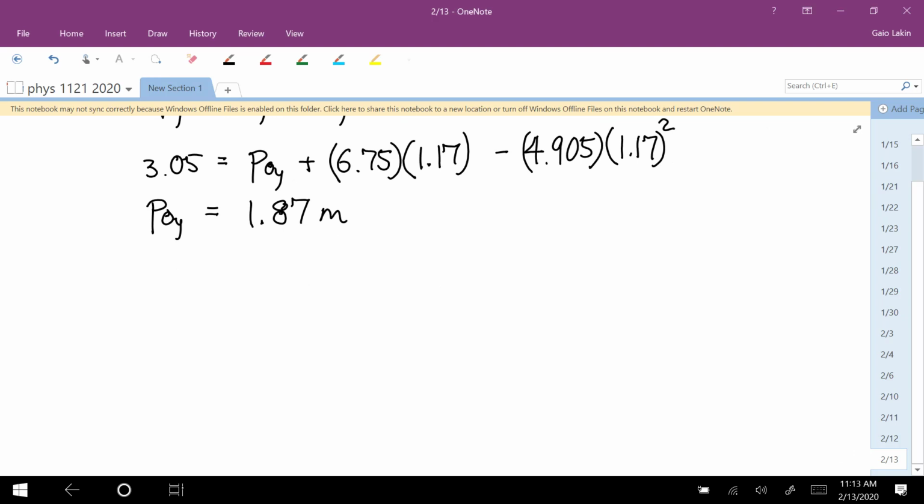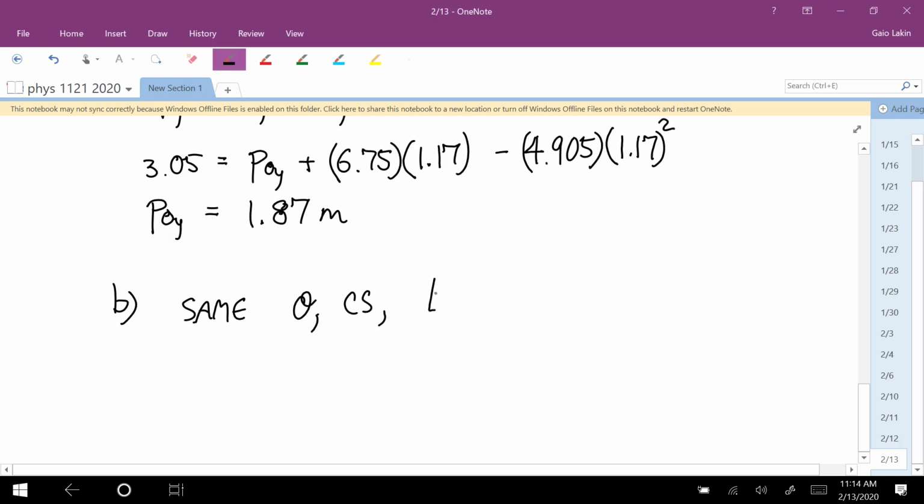So for part B, we can still use the same origin and coordinate system. And we can still use the same time equals 0 instant. But now our time t has to be when it reaches the highest point.